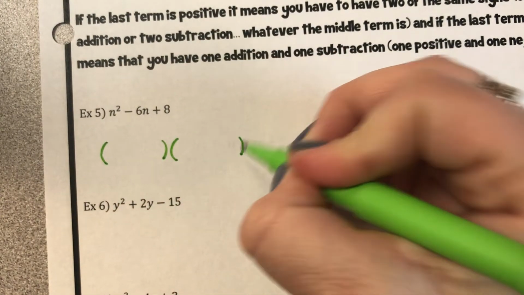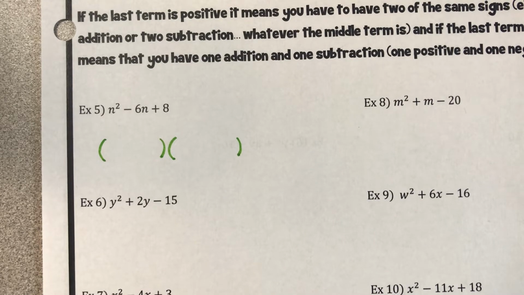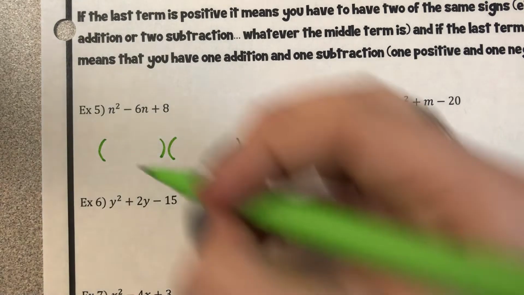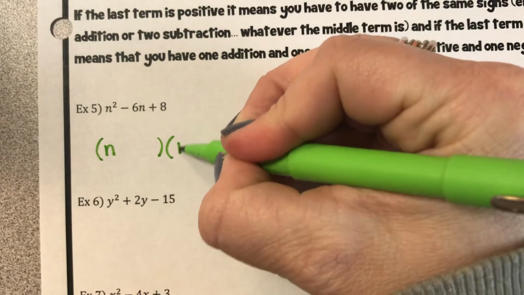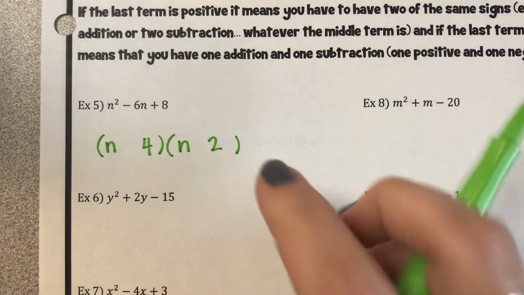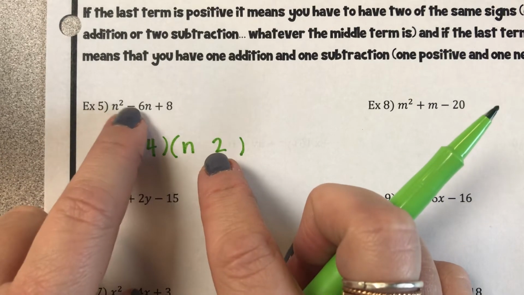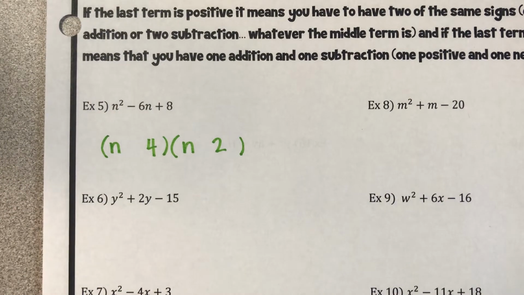What numbers can we multiply to get 8 that adds to give us 4? 2 and 4, right? n, 2, and 4. Okay, but here's the thing. If I put plus signs in here, I'm going to have 2n plus 4n, which is positive 6n, not negative.